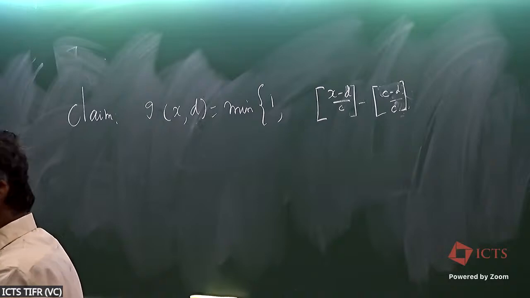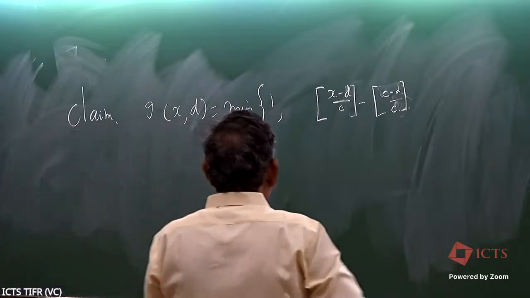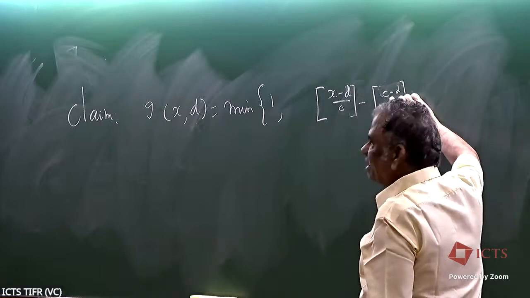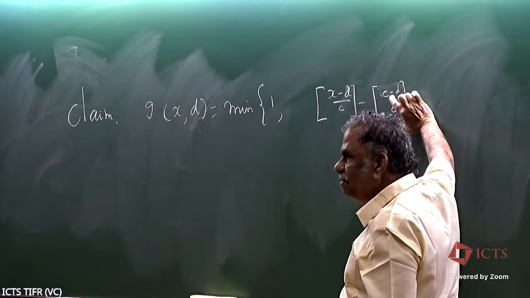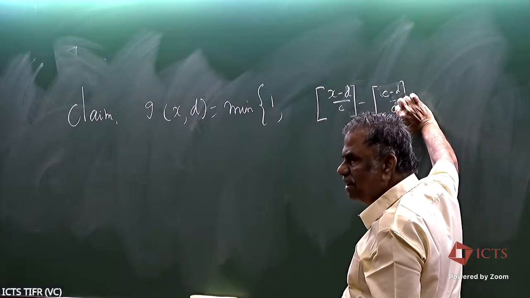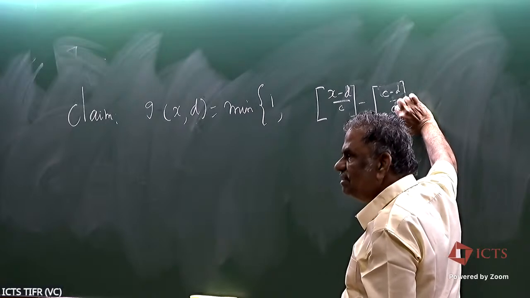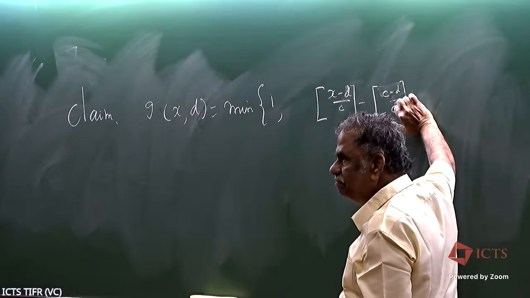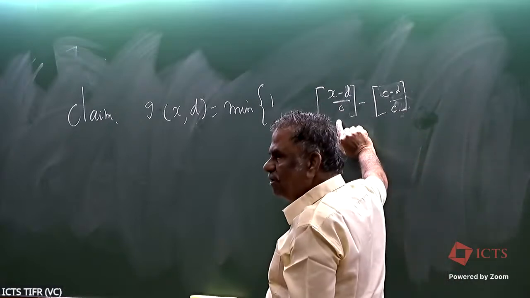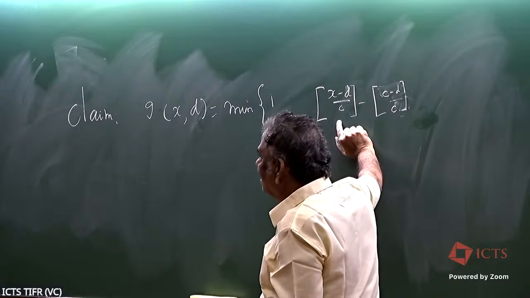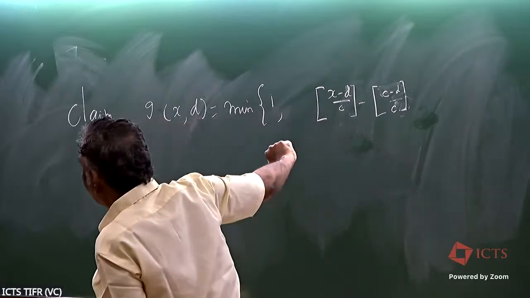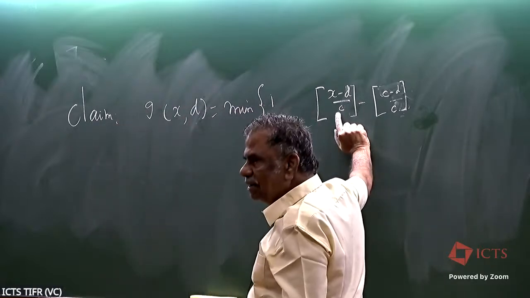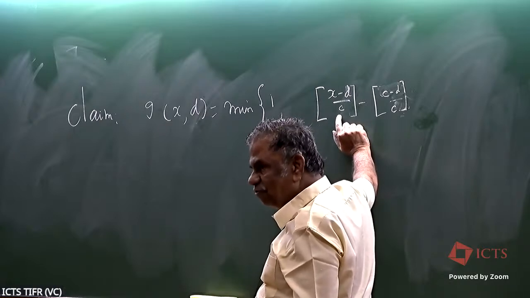Okay. Let us look at that. First of all, you see your d is much bigger than c. Therefore, this c minus d by c is a negative number, which is a little less than 0, and therefore this integral part gives you minus 1. But as far as this part is concerned, if x is bigger than d, this will give you, of course, plus 1.